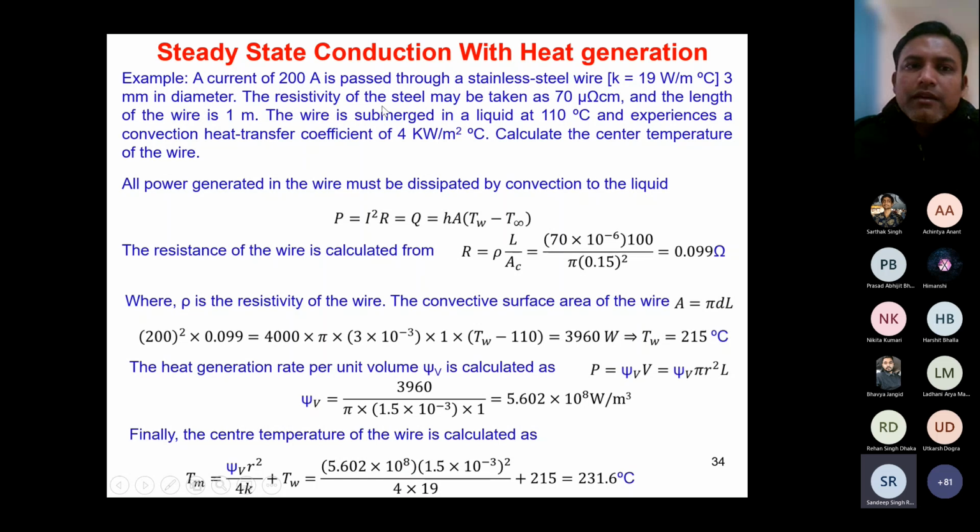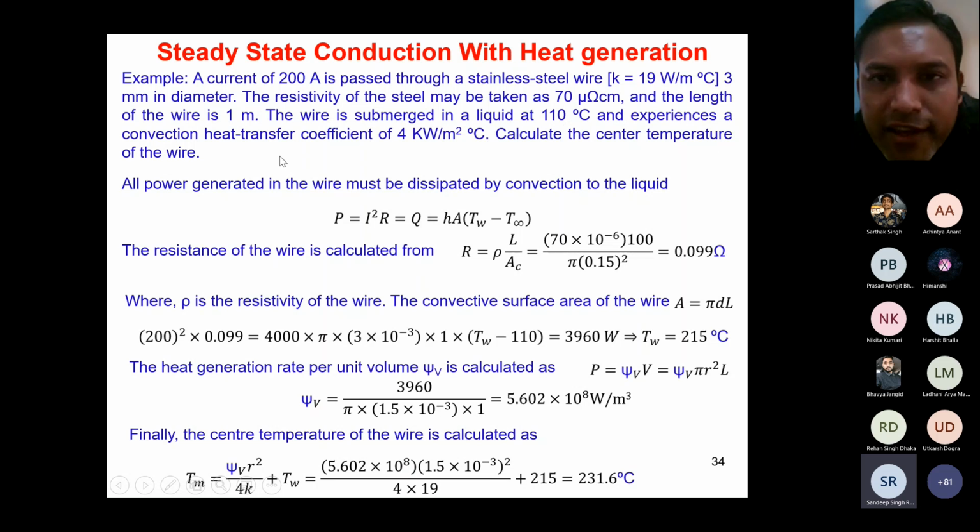The resistivity of the steel may be taken as 17 micro ohm centimeter, and the length of the wire is 1 meter. The wire is submerged in a liquid at 110 degrees Celsius and experiences a convection heat transfer coefficient of 4 kilowatt per meter square degree Celsius. Calculate the center temperature of the wire.